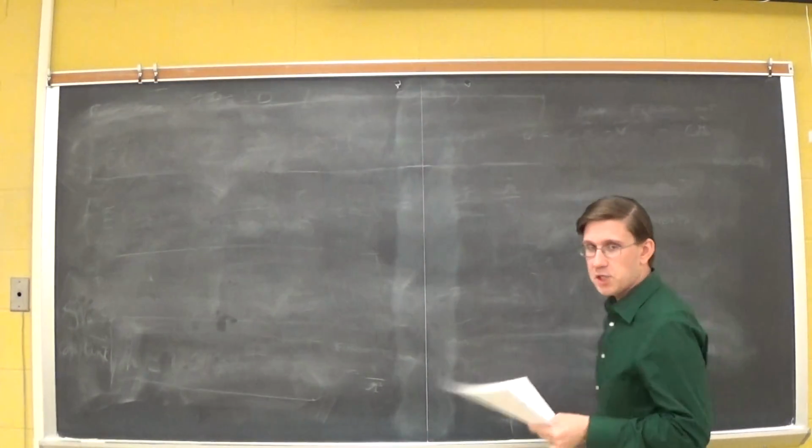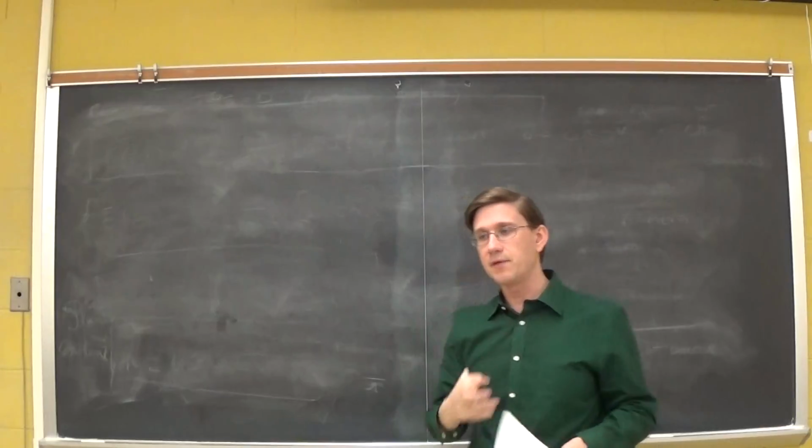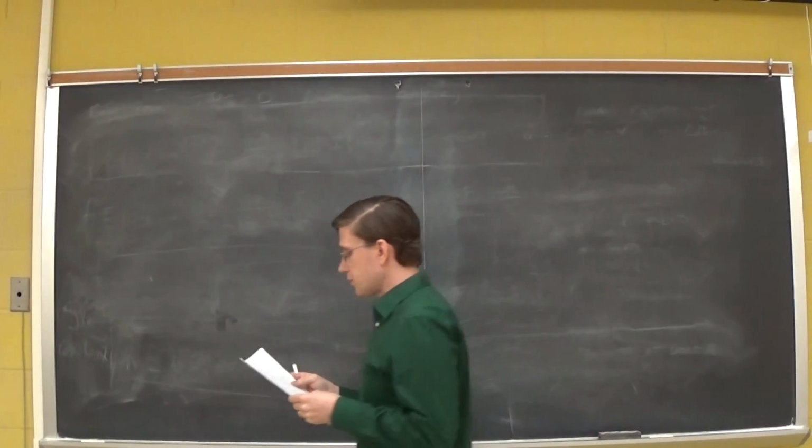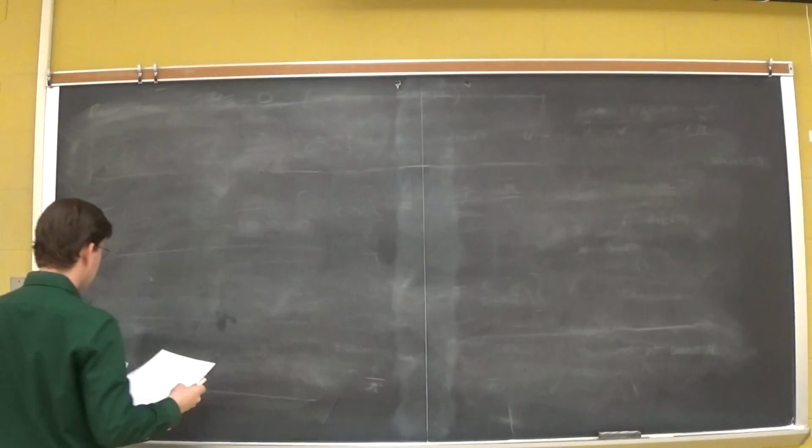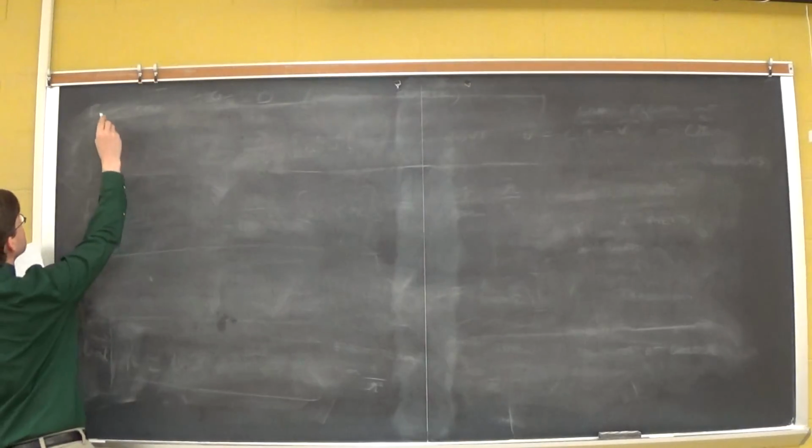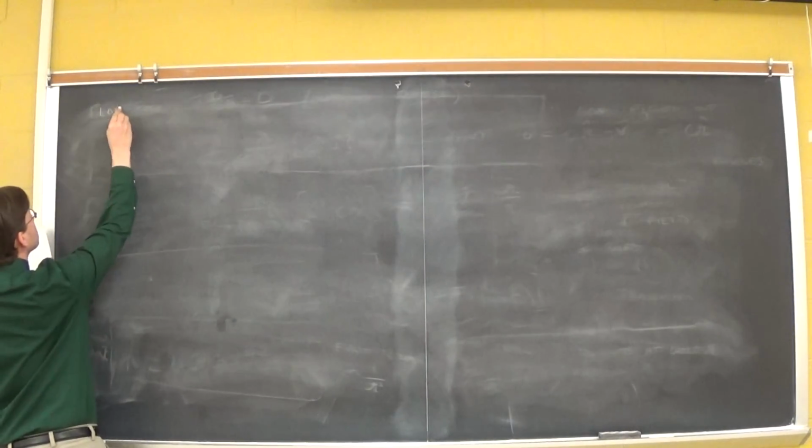So now that we have expressions for our total electric and magnetic fields of a moving point charge, I want to bring us back to something else that we've seen, again early on in the course, which is the Lorentz force law.